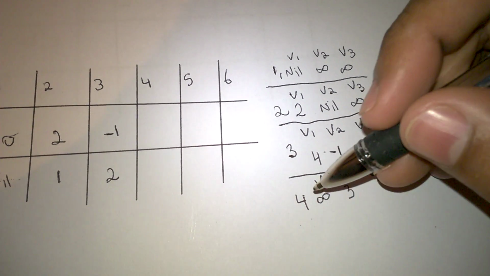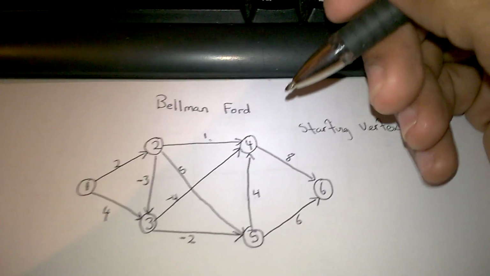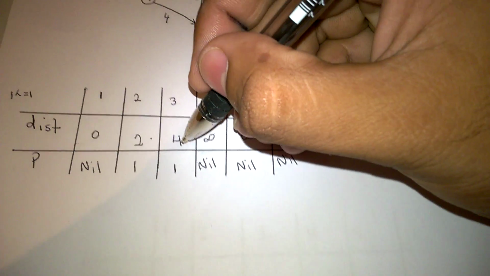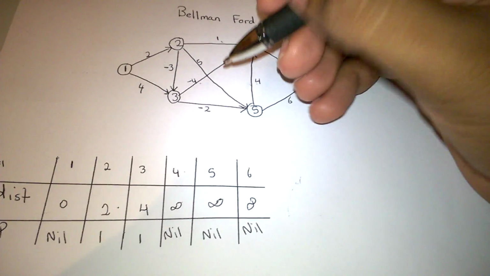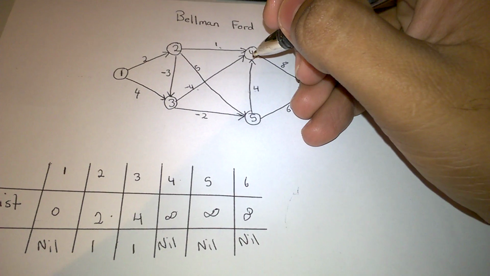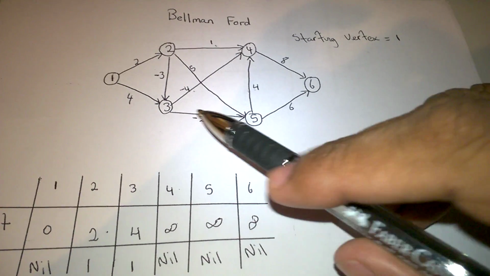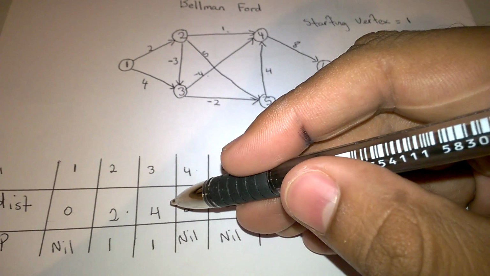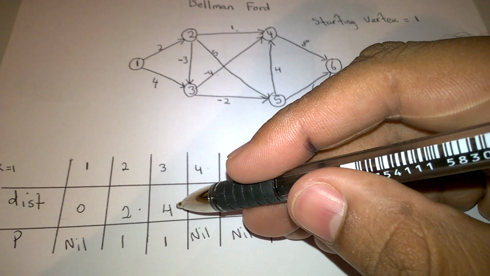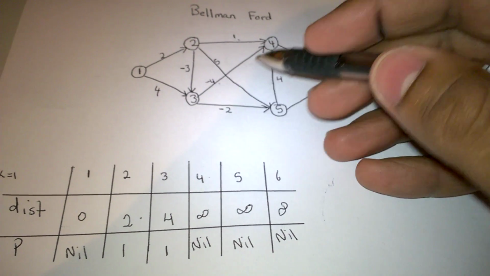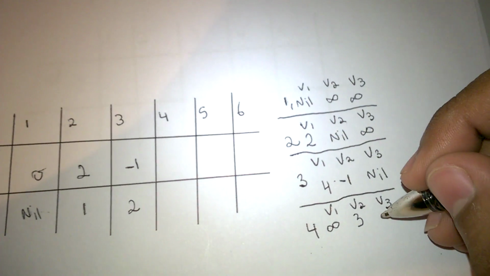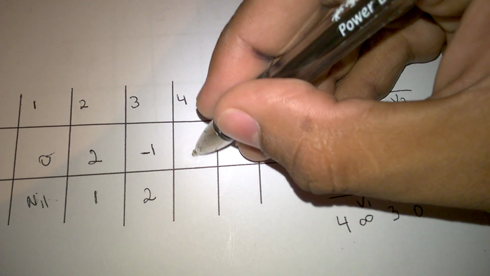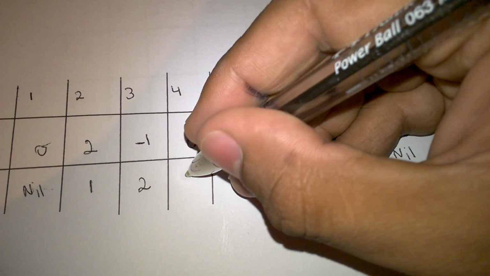Could we reach v4 from v3? Yes, we can at the cost of negative 4 plus 4. This is what we have to pay attention to when we're doing this. We could reach v4 from v3 at the cost of negative 4 plus the value of 3 in the previous table. The previous table, the value of 3 is 4 plus this negative 4 here, so that is 0. And we choose the smallest out of these 3, which is 0, and the parent is v3.